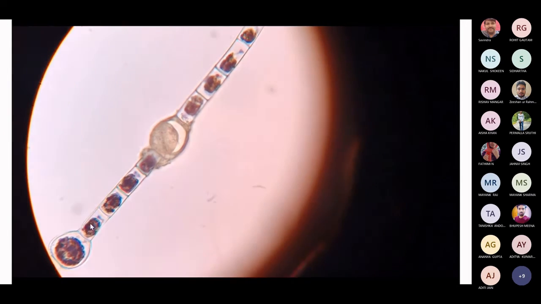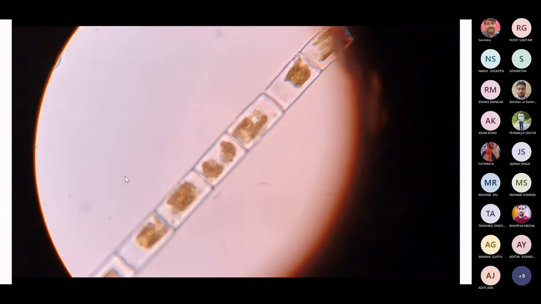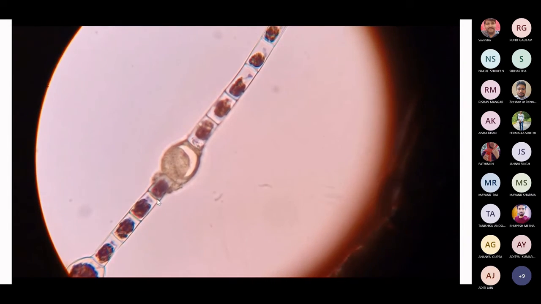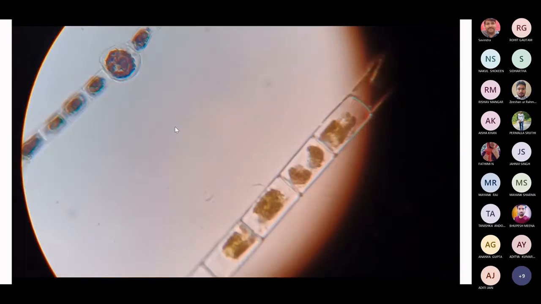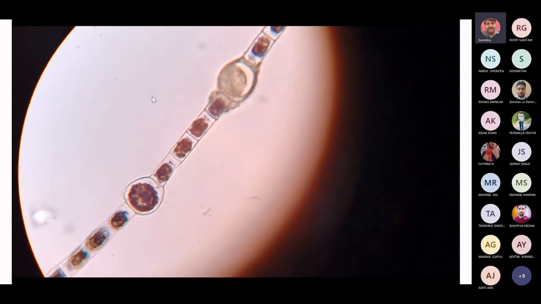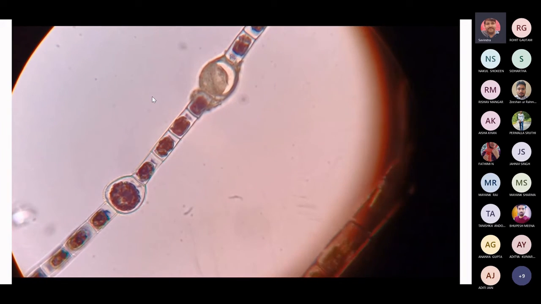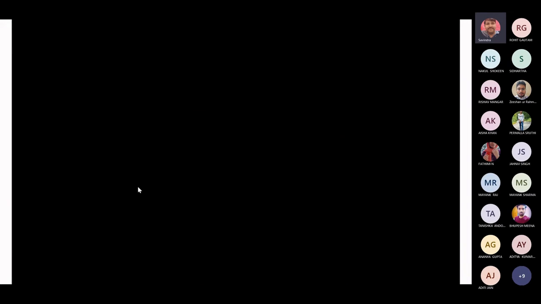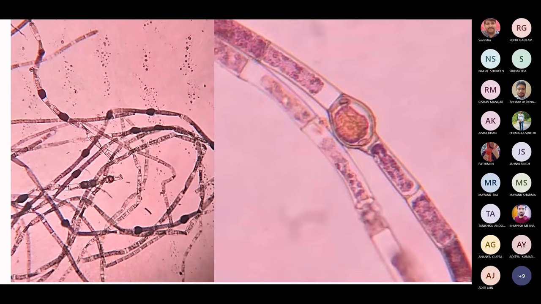Yes. Can you see the structure? The rounded structure? Is it visible to everyone? Yes, sir. These are oogonia. These are bigger than the normal cell. That's why it's a reproductive structure, and that's why the genus was named Oedogonium.